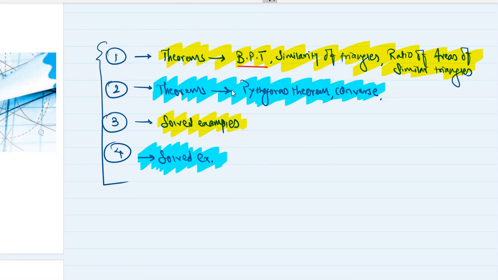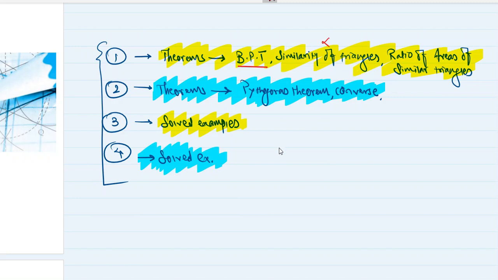BPT we are going to prove, the converse of BPT we are going to prove, and some more results based on BPT we are going to derive. Some other theorems we are also going to prove, but similarity of triangles we are not going to prove. They are just for our understanding. So not all theorems need to be proved. Whichever need to be proved, we will prove.